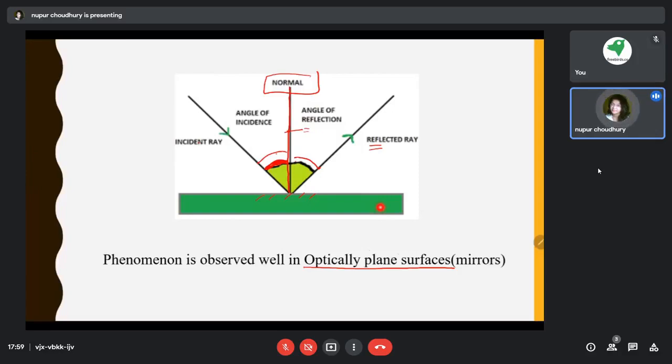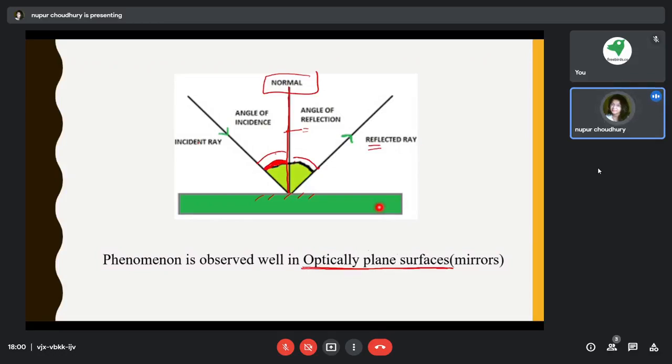So we talked about the first phenomenon, which is reflection, and it is seen in a very good manner in an optically plane surface. Now, what do we mean by an optically plane surface? Optically plane surfaces are surfaces which are very, very smooth and do not have any rough edges or ups and downs in between.